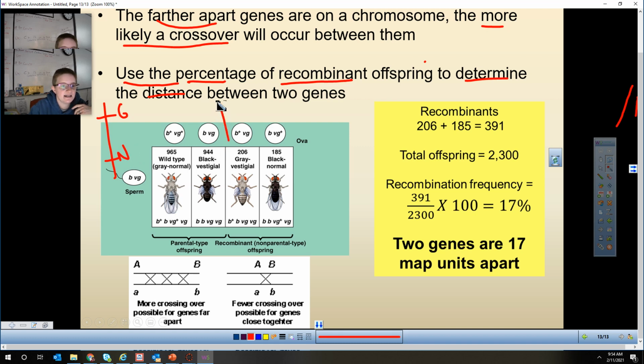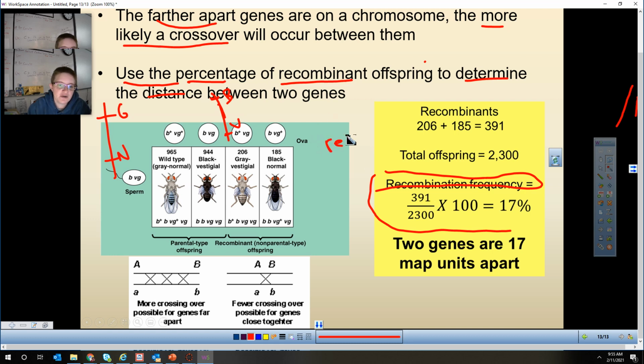And this parent has, this is the same chromosome, black vestigial. And we want to decide, well, how far away are these genes? Okay, so what we can do is we can calculate the recombination frequency. It's pretty simple. Recombination frequency is just the, I thought I had an actual formula, but what?